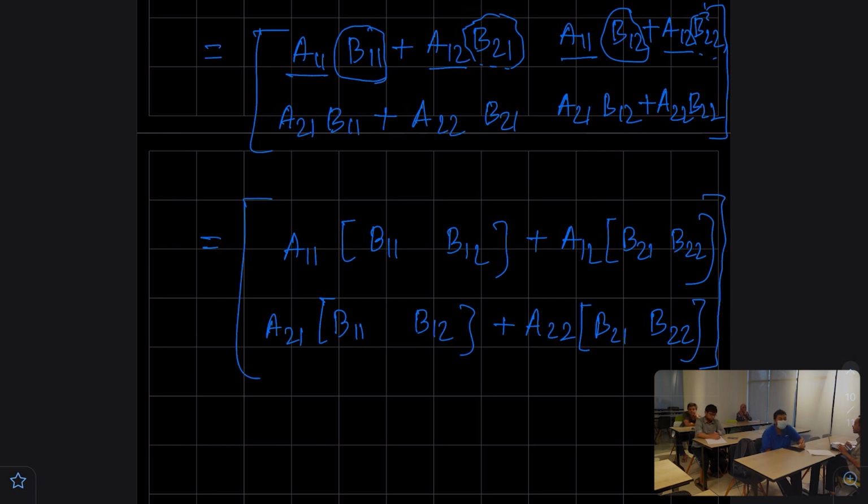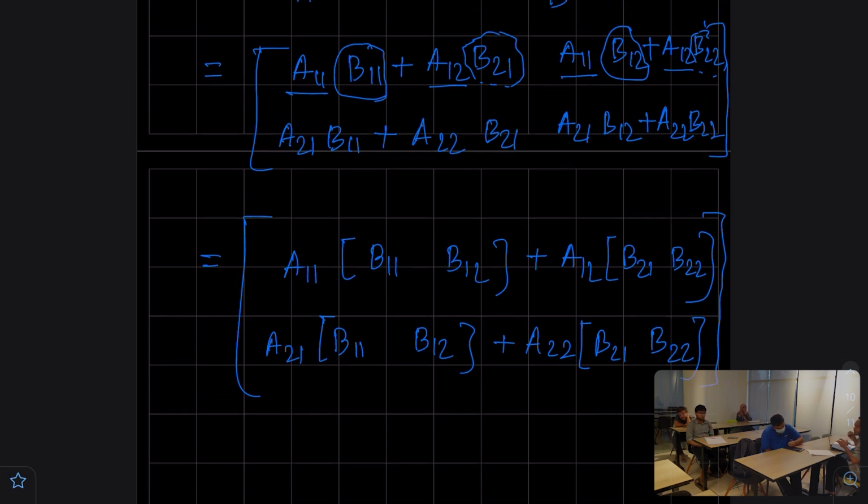I can write the matrix multiplication in this way, right? So this is exactly the previous matrix. You can multiply A11 with B11 and A12 with B21. Then you can add these two, because this is a 1 cross 2 row matrix, and this is also a 1 cross 2 matrix, so the addition is possible in these two matrices, right?